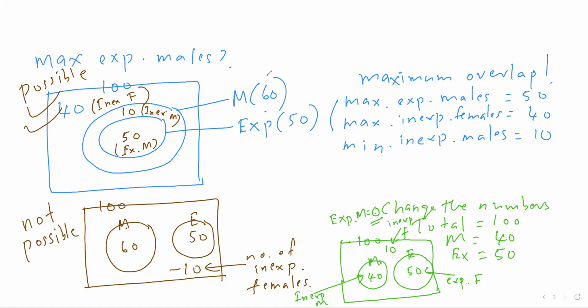Okay. Now, what we learn here is that the grid method provides a very mechanical way of doing this. That's the beauty of the grid method. Now, let's take case number 1. So the grid method goes this way. There are males and females, and you have experienced and inexperienced.